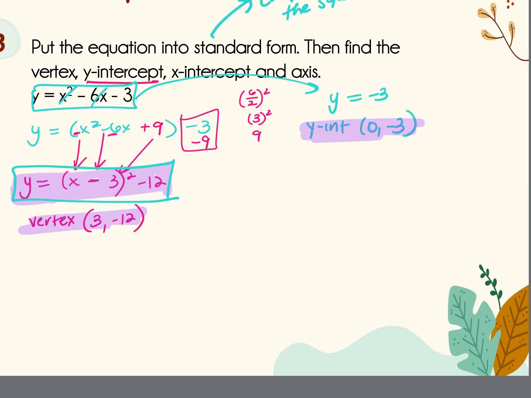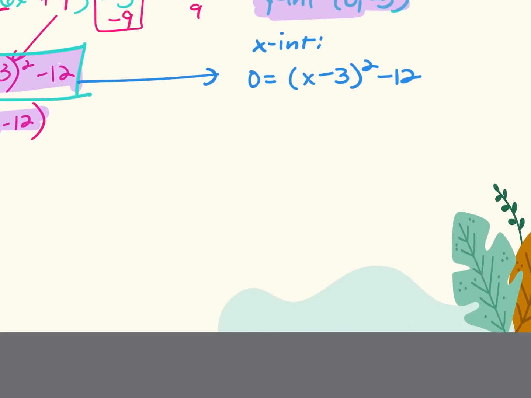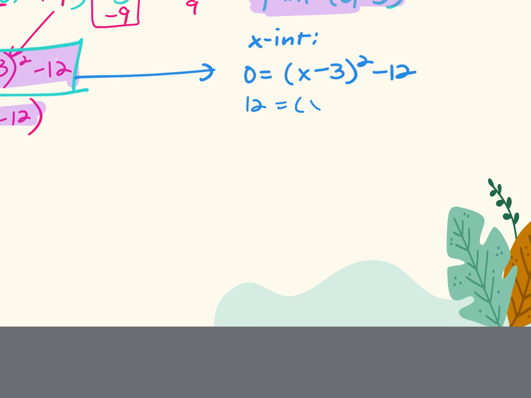Then I do x-intercept. If it's factorable, I would say go from the original, but there's no factors of -3 that sum to -6. So it's going to be easier to do this from complete the square, okay? So I'm going to use this one. So I make y 0, x minus 3 squared minus 12, add the 12, square root both sides.